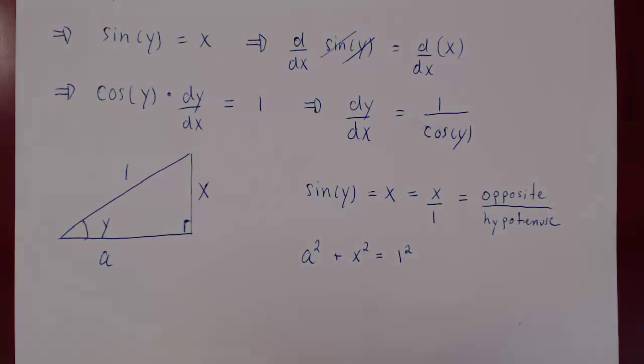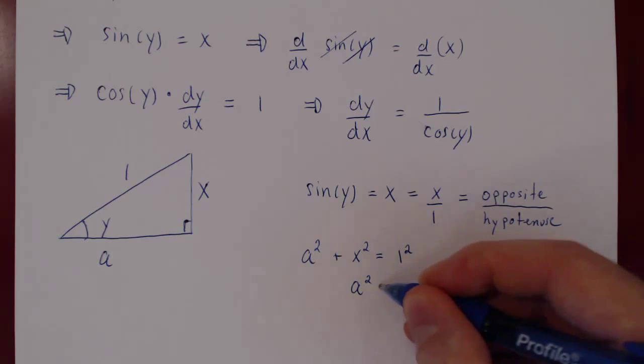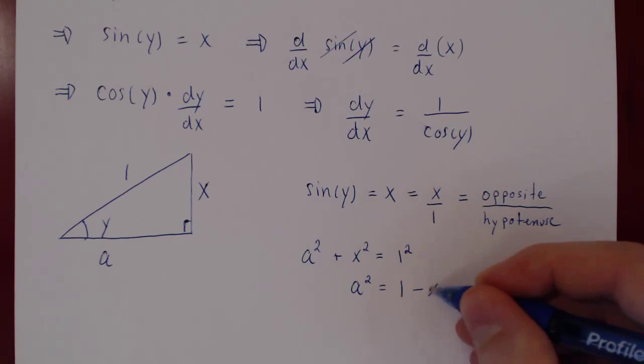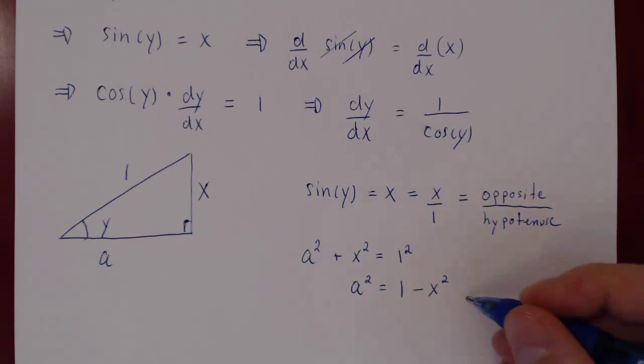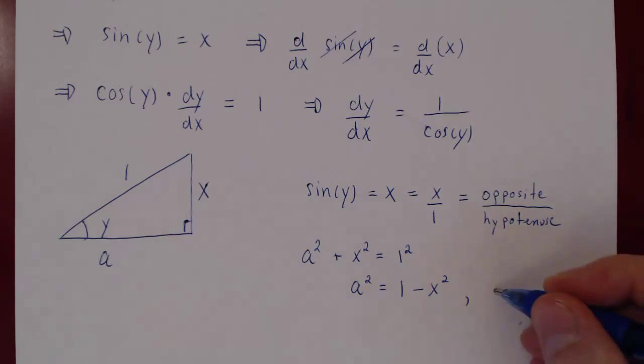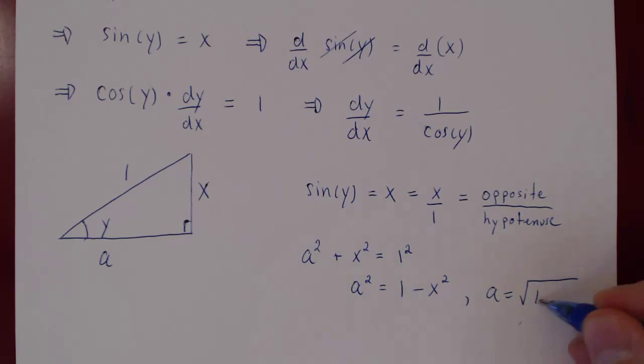And now we can solve for a. Subtract x squared from both sides, so a squared is equal to 1, 1 squared is 1, minus x squared. Solving for a, which is positive here, a will be simply the square root of 1 minus x squared.